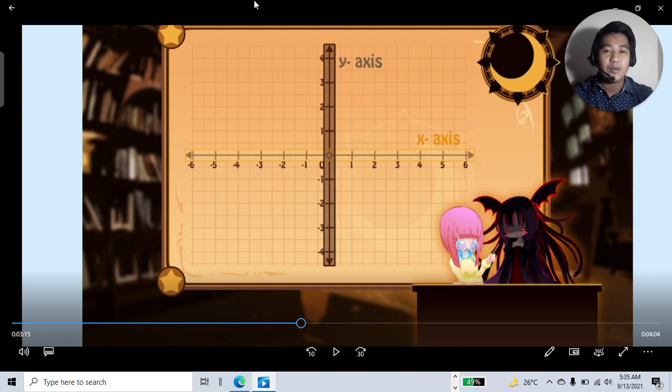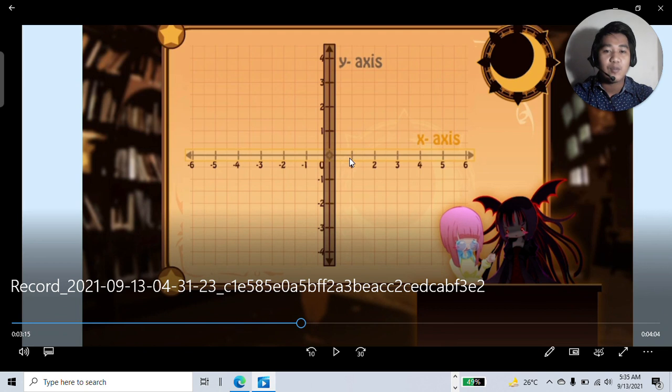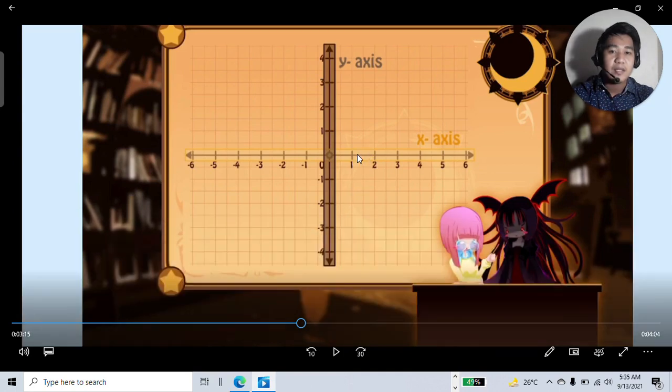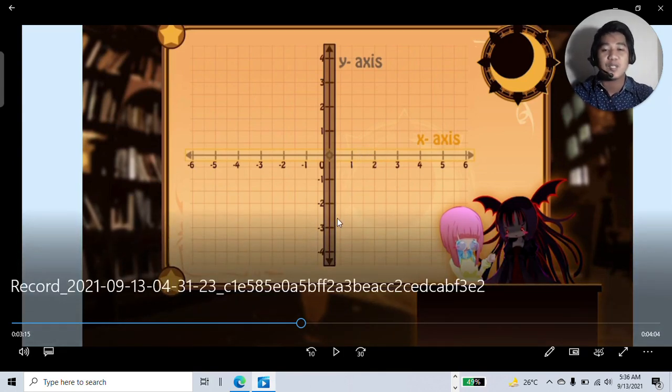We call them integers, and in between, let's say from 1 to 2, there are an infinite number of values between these two.